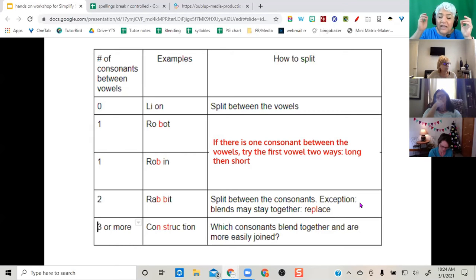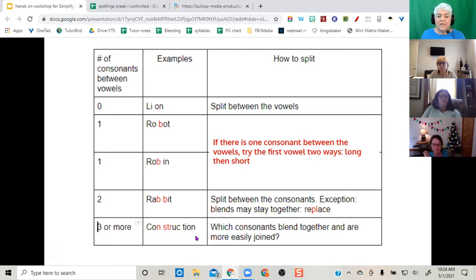And if the student has never heard the word before, then you often just have to tell them that in this word, this is what we do with it. So if the word's in their lexicon, you connect the symbols to that word. If it's not, then we have to teach it. And then if there's 3 or more consonants, just figure out which works. I can say con-struction, or I can say cons-truction, but I can't say constr-uction.